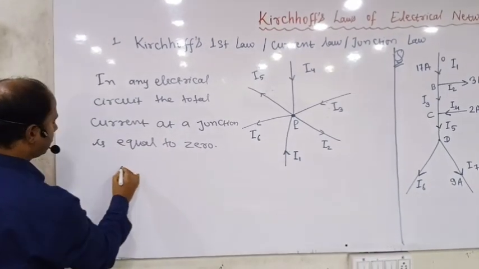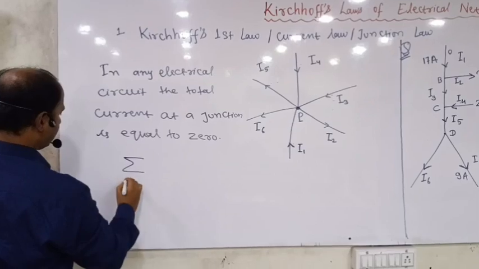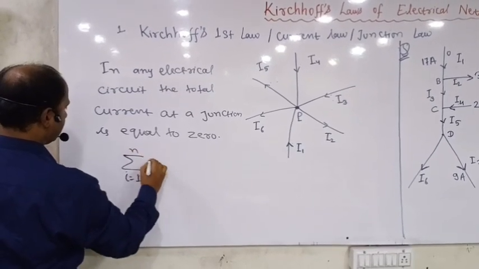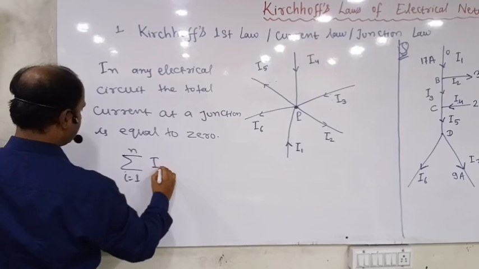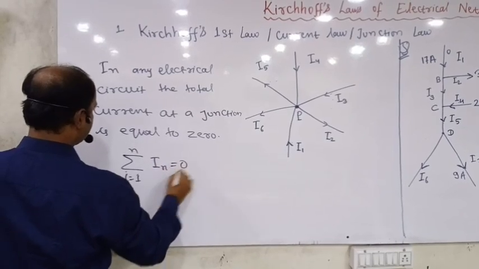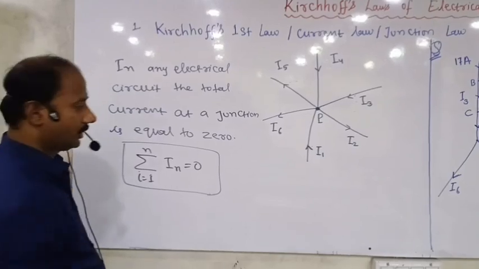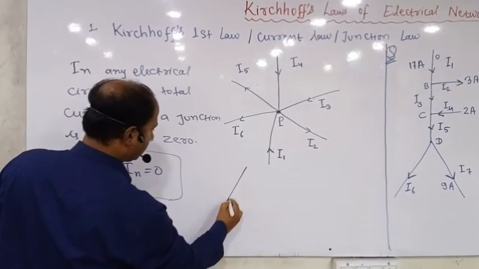We can say that sigma I, from 1 to n, equals 0. And you have to understand what a junction is in any electrical network.